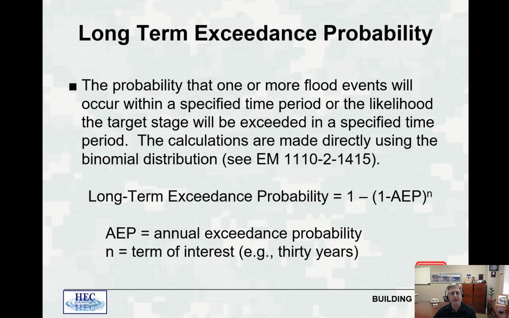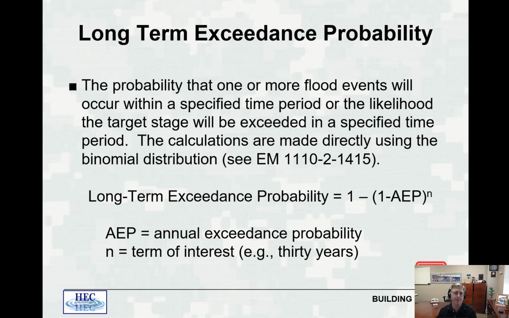Same with the long-term exceedance probability, or the probability that one or more flood events will occur within a specified time period, or the likelihood the target stage will be exceeded in a specified time period. Okay, so we typically look at the 10, 30, and 50 years. 30 because that is the normal life of a mortgage. Okay? And so the calculations are made directly using the binomial distribution, which you can find in EM 1110-2-1415.